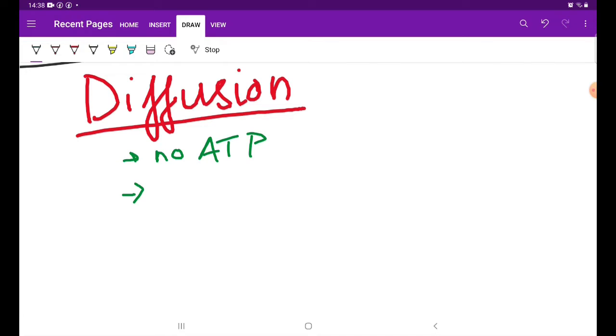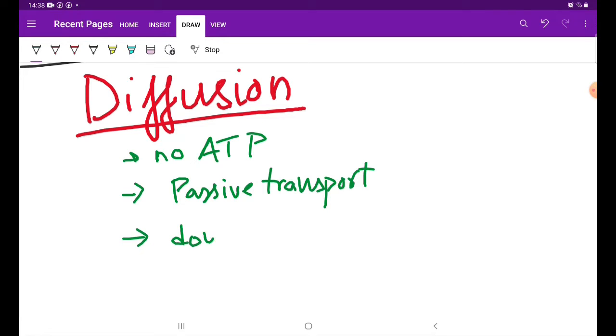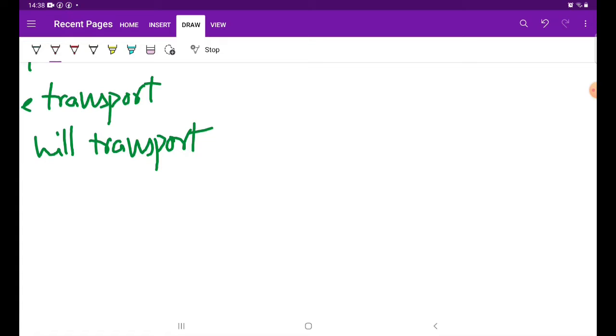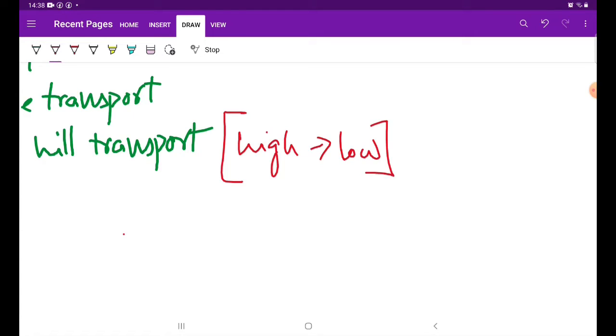As no ATP is used, it is a passive transport mechanism, and the net effect is downhill transport. Basically, what does downhill mean? It moves from high to low concentration.